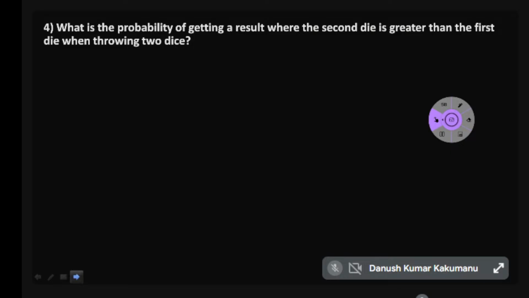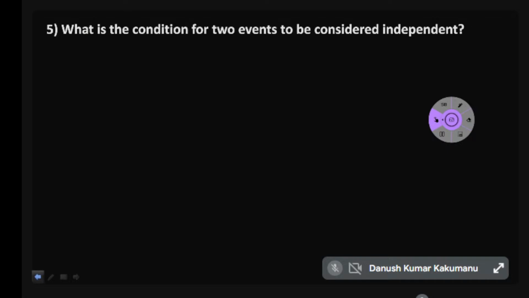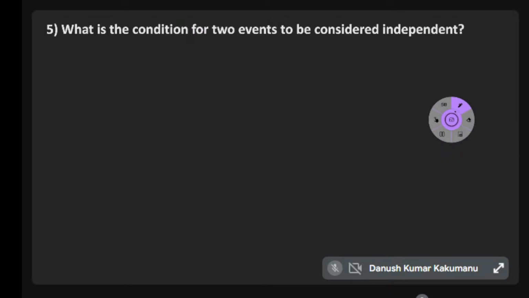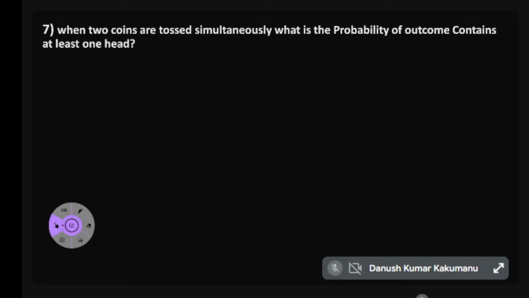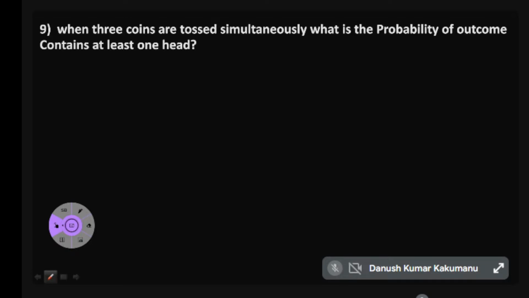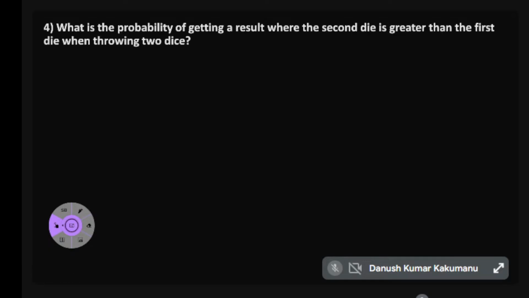What is the probability of getting a result where the second die is greater than the first die? 15 by 36. We have discussed this, or no? This is clear now.